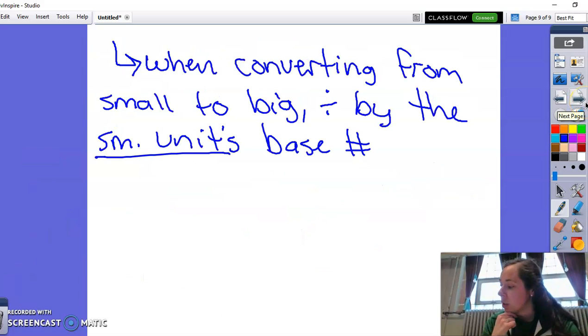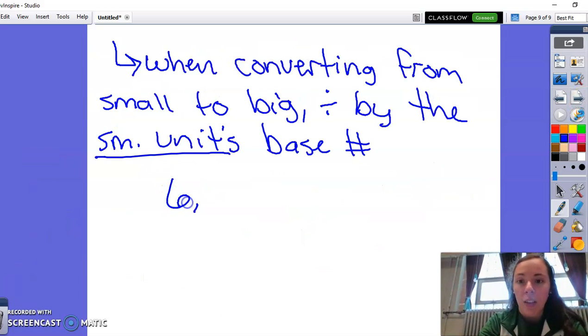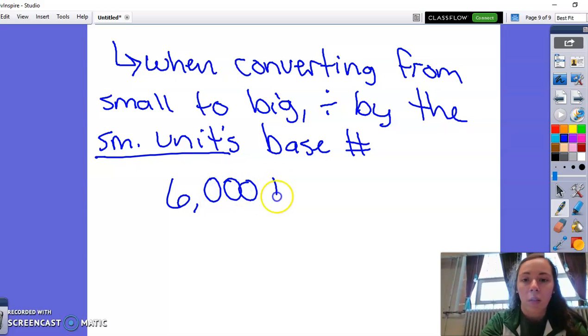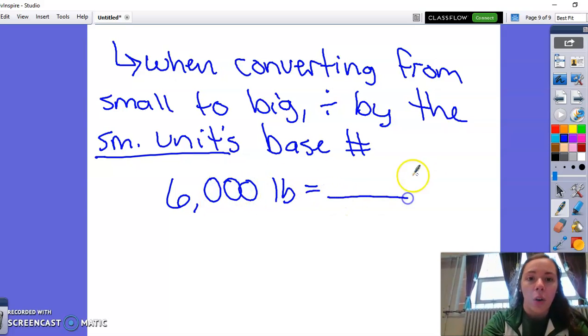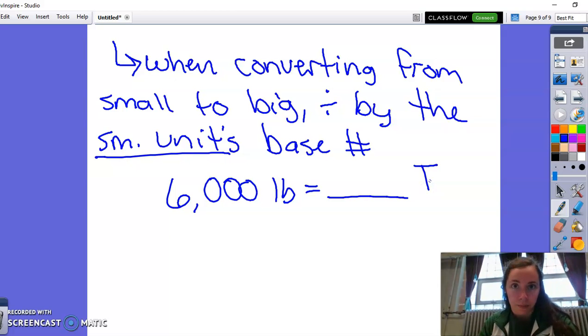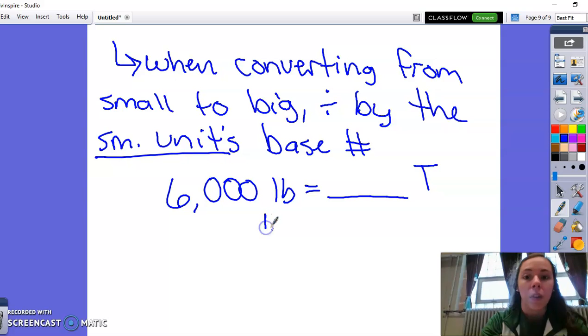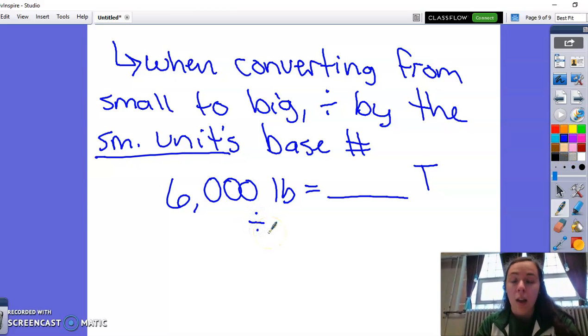Okay, so to do an example here, if I have 6,000 pounds and I want to know how many tons that is, going from small to big, I'm going to divide by the smaller unit's base number.